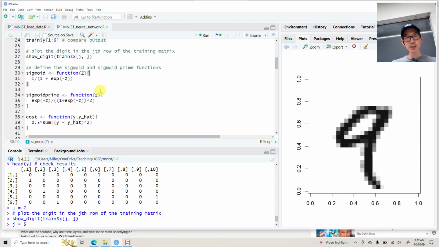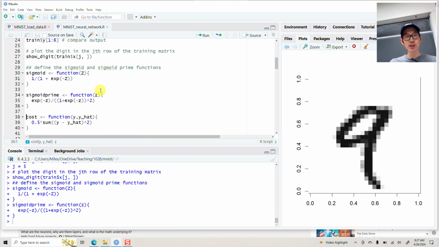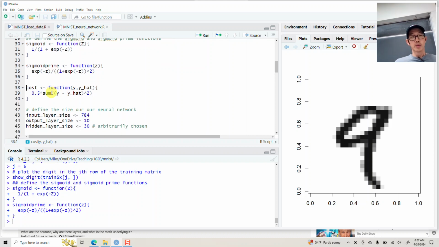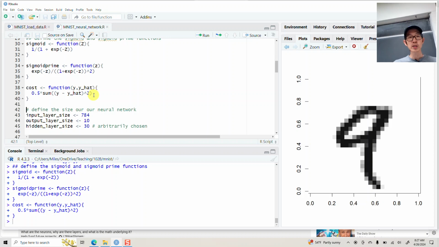So here, these are the functions. These are the same functions from earlier. We put in our sigmoid function, and we put in the derivative, sigmoid prime. My cost function is how I'm going to calculate the difference between the actual values and the predicted values. Our outputs are all length 10.